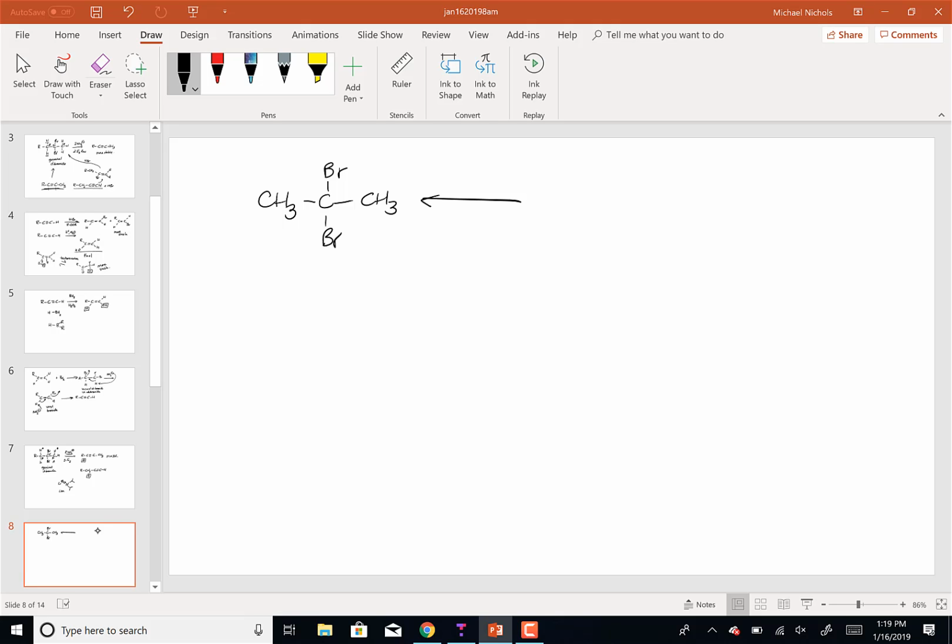Need a hint? Would you make it from an alkene reacting with HBr?